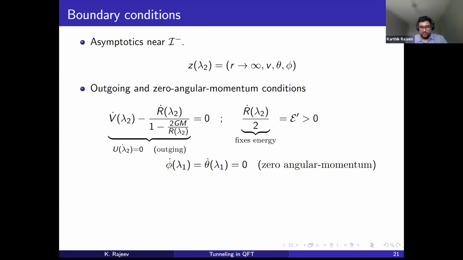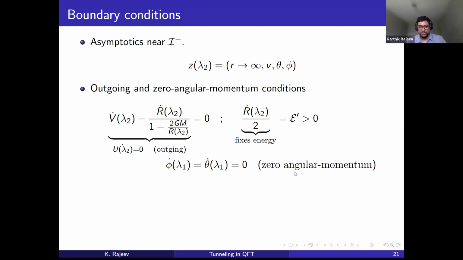So it turns out that the fact that you want an outgoing solution is given by this combination of V dot and R dot and so on being equated to 0. That combination of terms imposes the outgoing condition. And the fixed energy condition is rather simple. It is just the fact that R dot is E prime. And since E prime is supposed to be positive, you want to impose a condition that R dot is a positive quantity at this point, lambda 2.